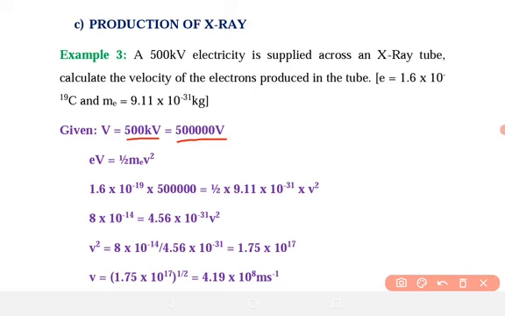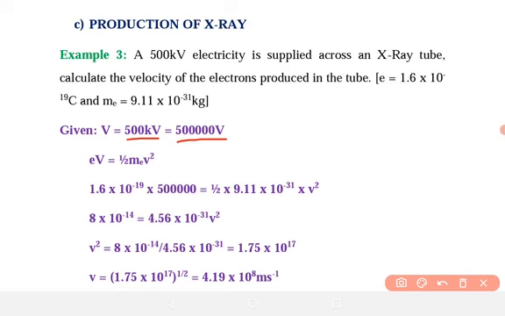Now, when these electrons are produced, there's something we call stopping potential. Stopping potential is the voltage applied at the anode to stop the photocurrent. What is photocurrent? That is the current that brings about the photoelectric effect at the anode.